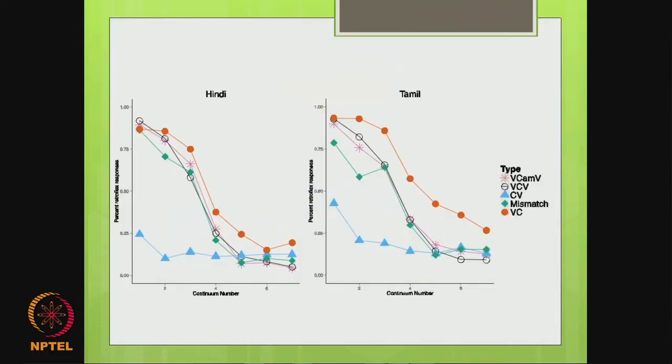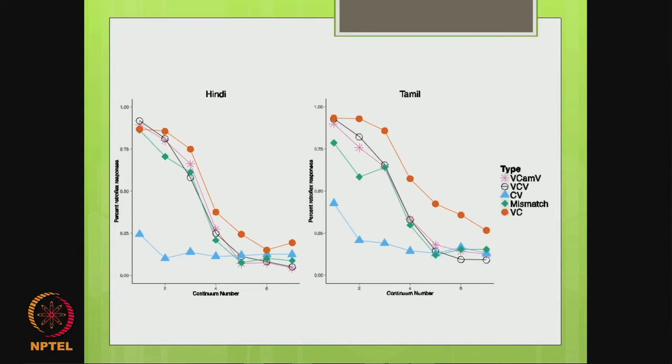And then for some of these other continua, which I'm not going to focus on right now, there was some interaction on particular steps of the continuum, but not the entire continuum, so it only mattered for part of it. So here are a bunch of lines. This is showing you differences between Hindi and Tamil performance.